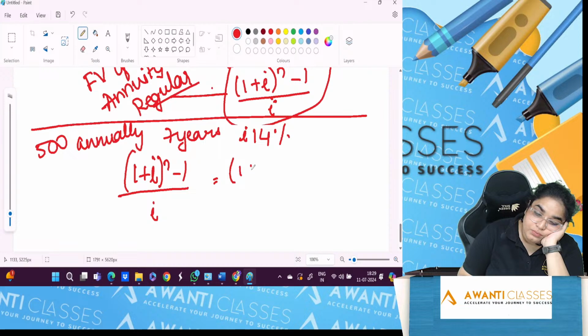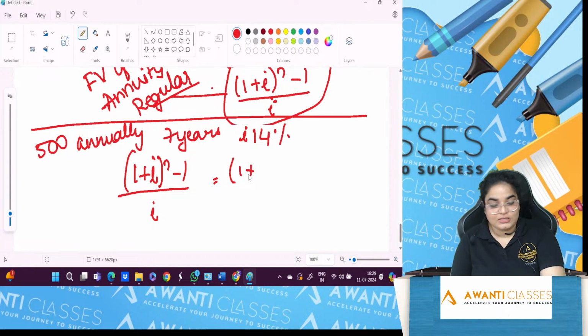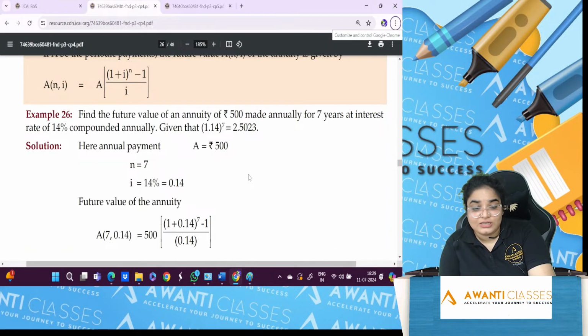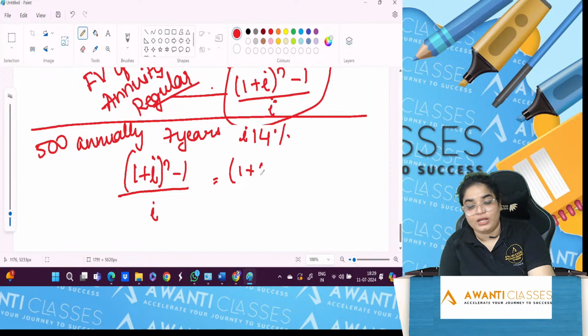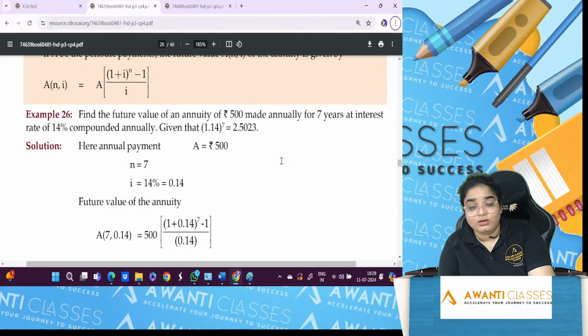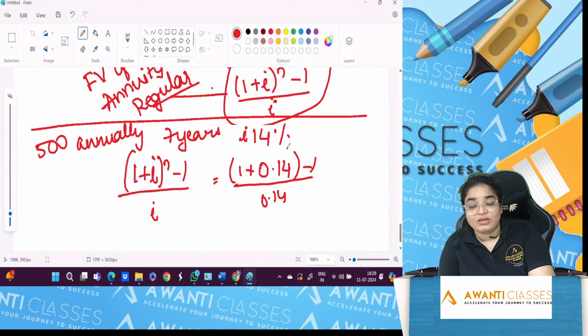Now, 1 plus interest is how much? Interest is 14% compounded annually. 1.14 to the power of... minus 1 divided by 0.14. What is the n here? n is 7 years.